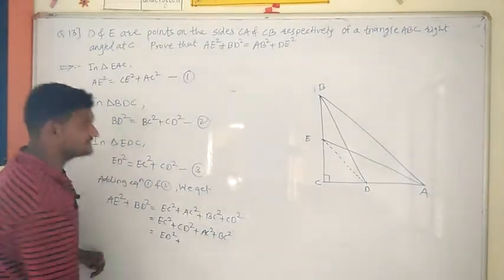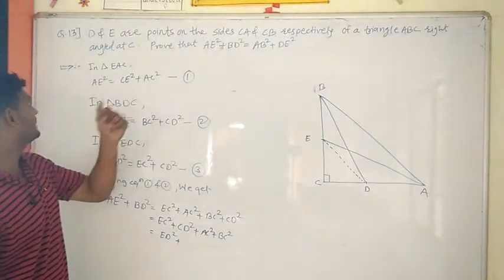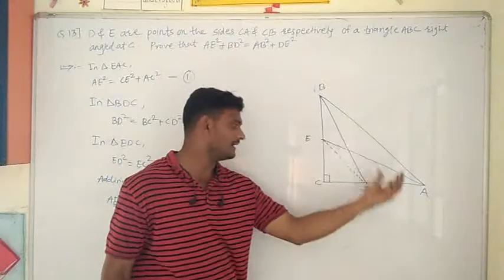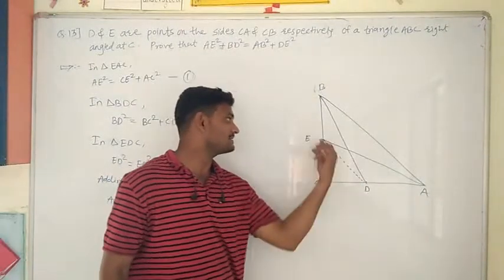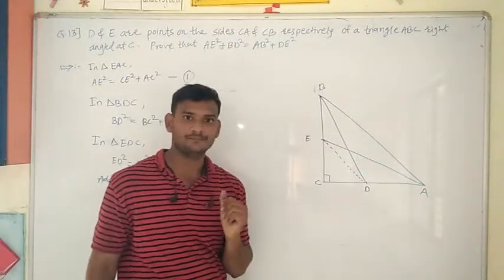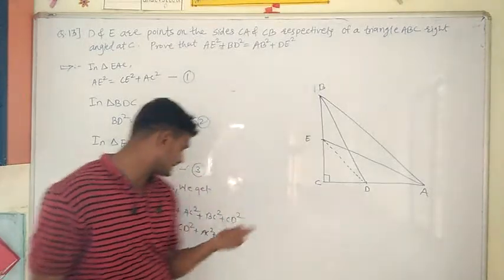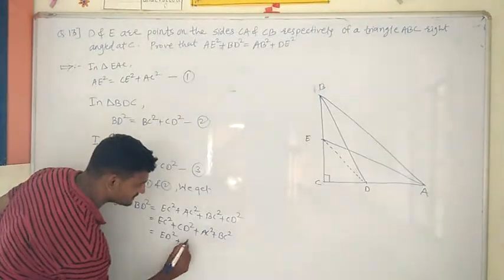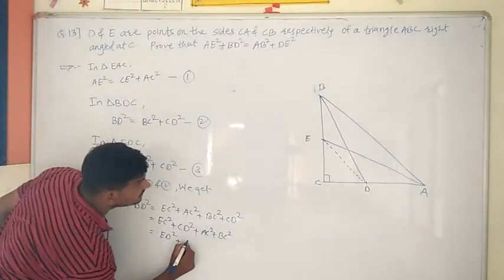And AC square plus BC square, in triangle ABC, can I write AB square by Pythagoras theorem? Yes. I will write this AC square plus BC square as AB square.